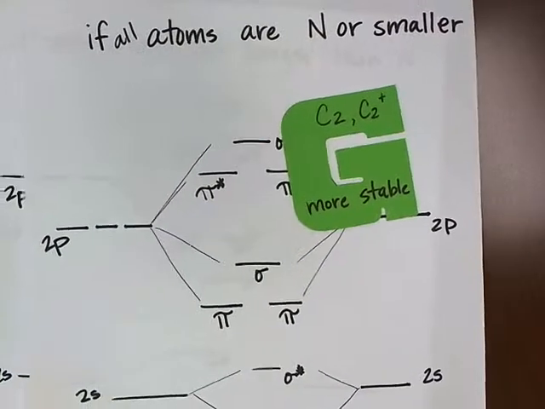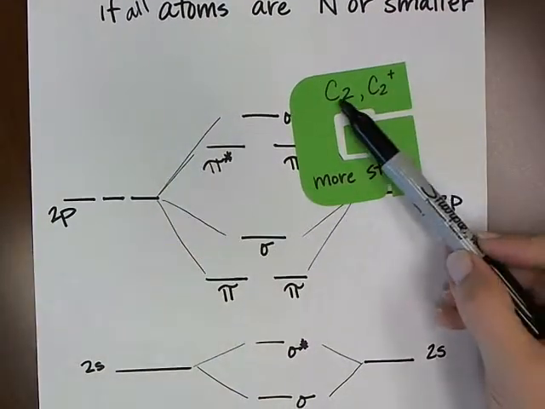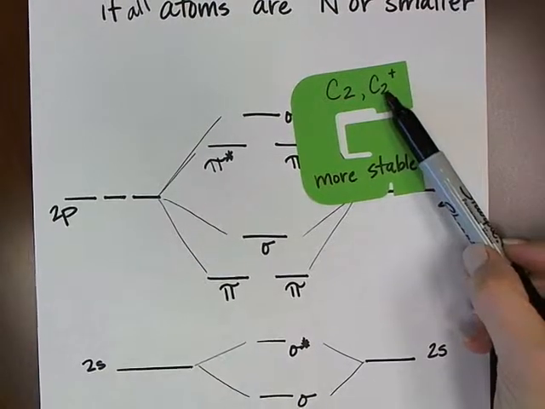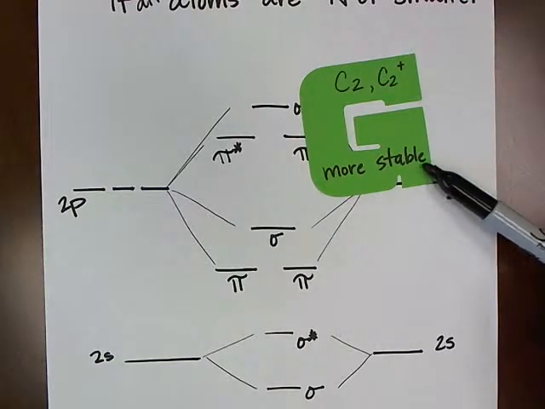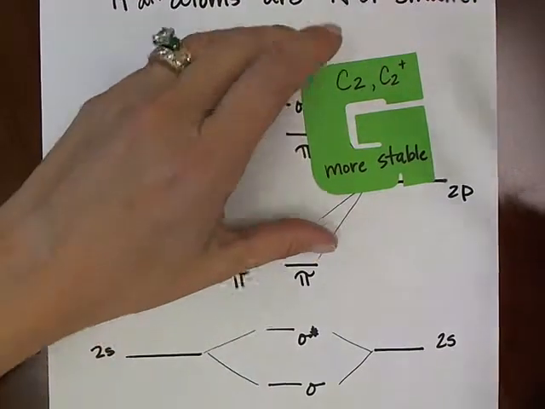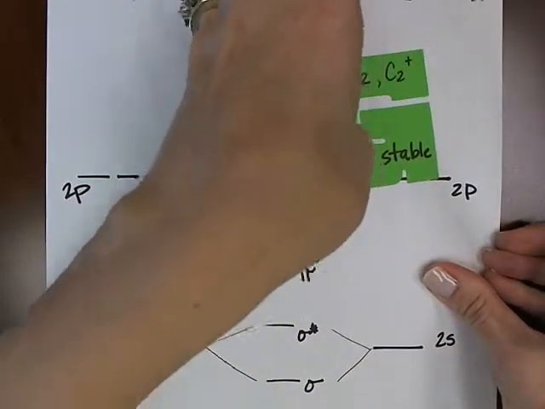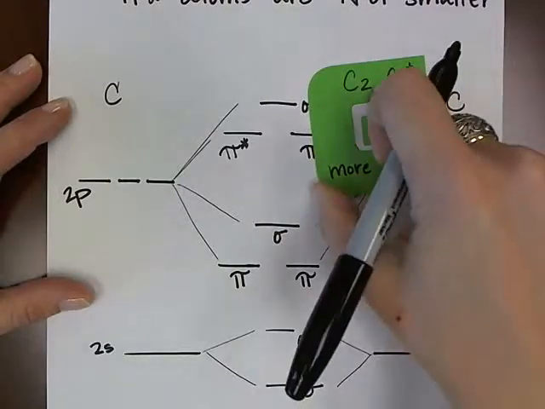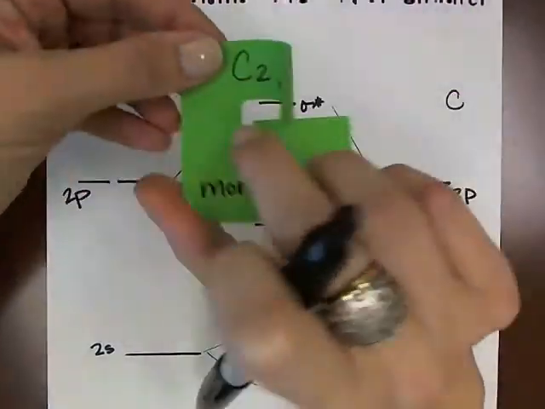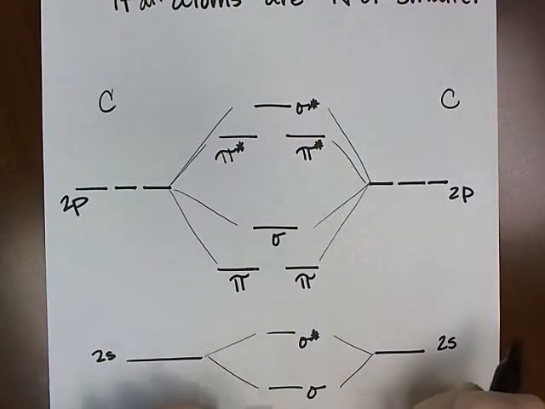So what if we were trying to look at a molecule of C2 compared to C2 plus, and the question is which one is more stable? So the way you would use the molecular orbital diagram is one is carbon and the other is carbon. And to figure out which one is more stable, we would need to know the bonding present.